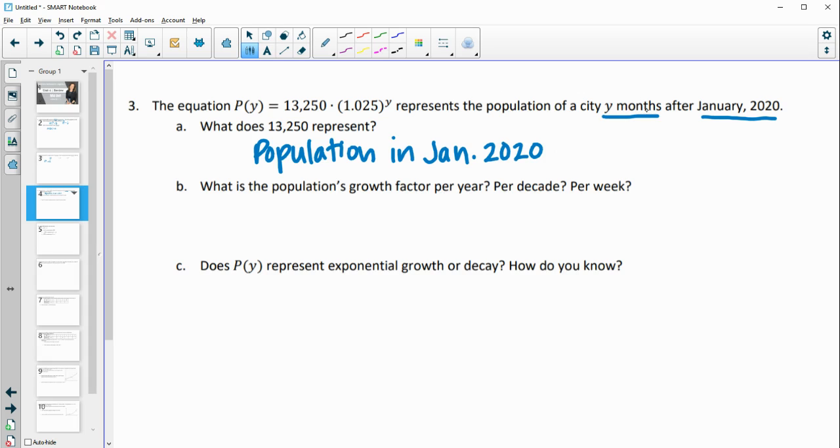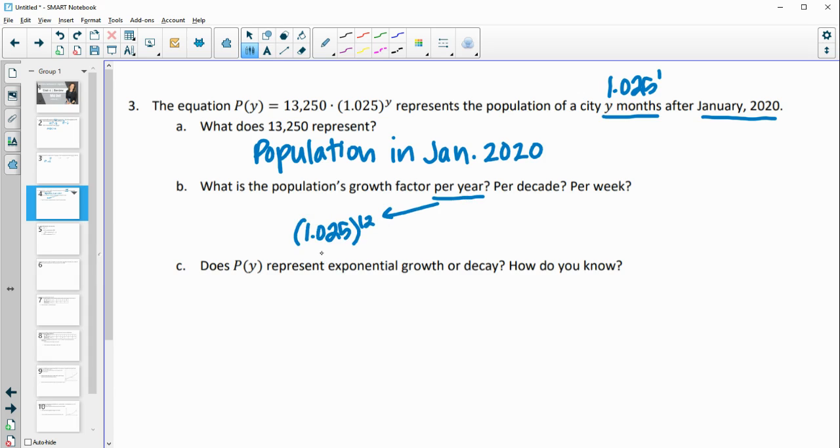And so remember that this growth factor, 1.025, is the growth factor per 1 month. So now if we want to do per year, we're going to have to change, instead of 1 month up here, a year is 12 months. So for this one, it's going to be 1.025 to the 12th.